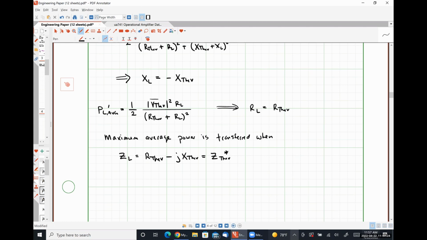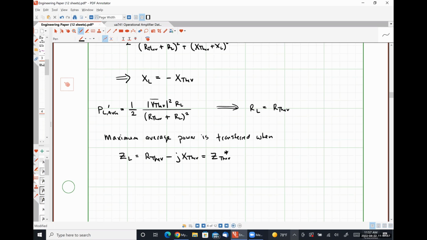Excuse me, Z Thevenin, thank you. So intuitively, this should make sense, because if we had two impedances that were in series with each other and their imaginary parts canceled each other out, maximum power transfer should occur. And then we've got the real parts set in such a way that effectively the voltage drop over the real parts divides evenly across the two, causing maximum average power transfer.